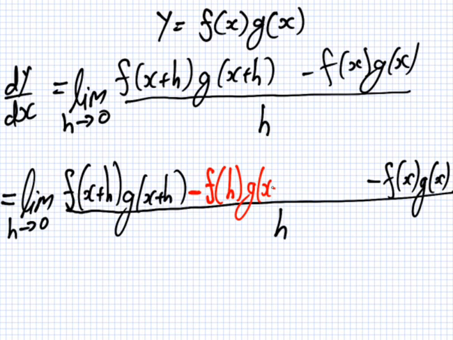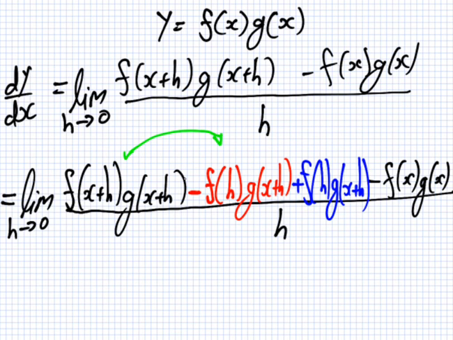The definition is f(x+h)g(x+h) minus f(x)g(x) all over what? Yeah. This is the definition. Let's see if we can simplify this. You'll need to write this down. And the limit as h goes to 0.